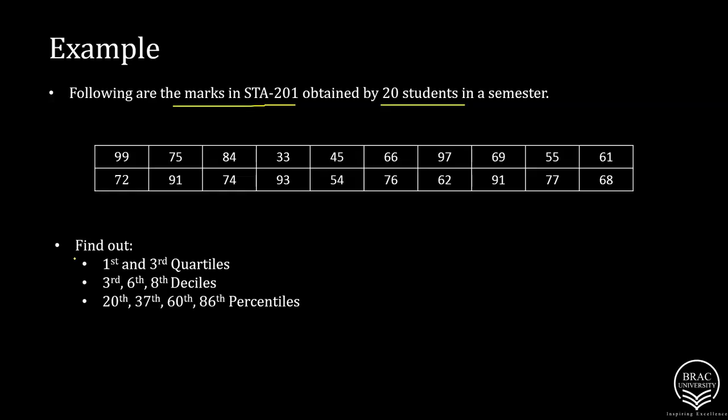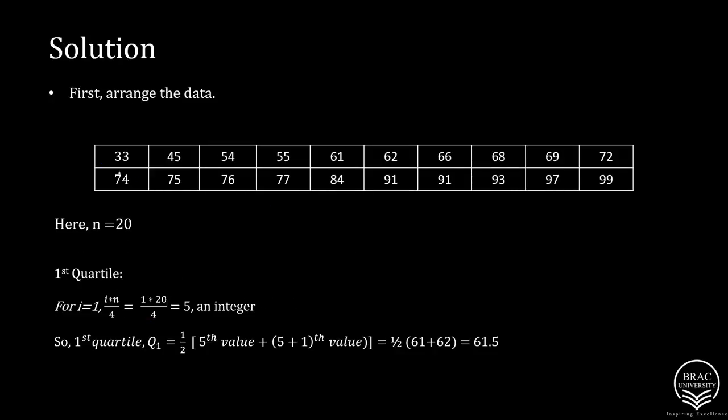Firstly, we will find out the first and third quartiles, then the third, sixth and eighth deciles, and finally these 4 percentiles. First, we arrange the data. You can see now they are in ascending order, 33, 45 and so on, 72, and after that it starts from the left again, so 74, 75 and up to 99.